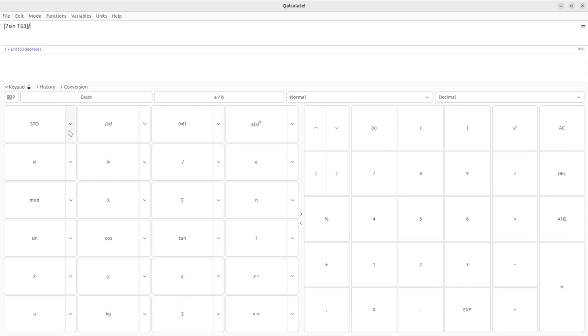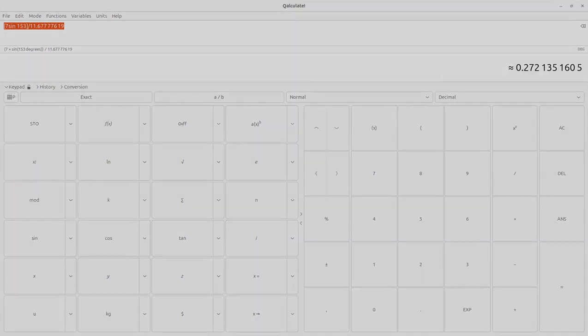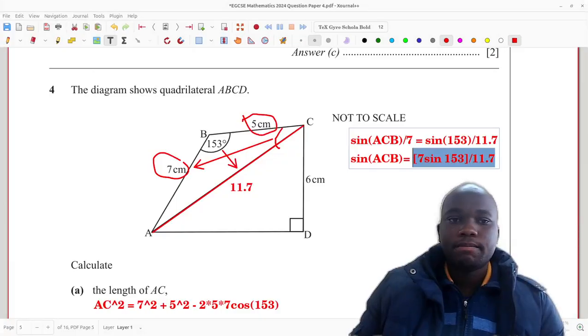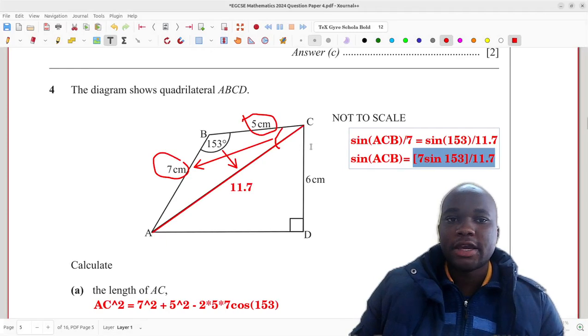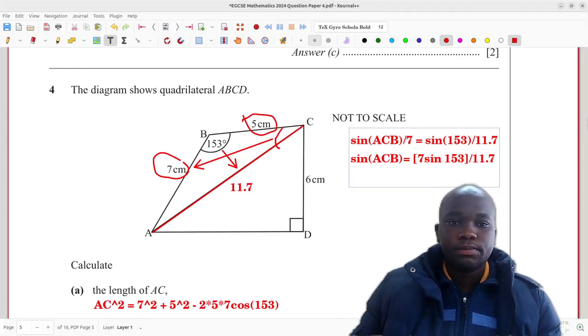Instead of the 11.7, let's use the complete answer here. So it's giving us 0.272, which means now we have our sine ACB being equal to that.